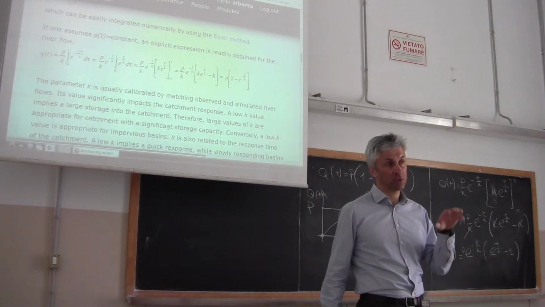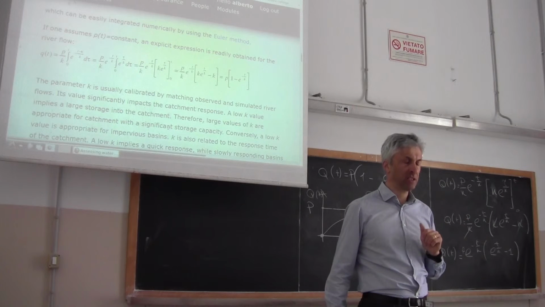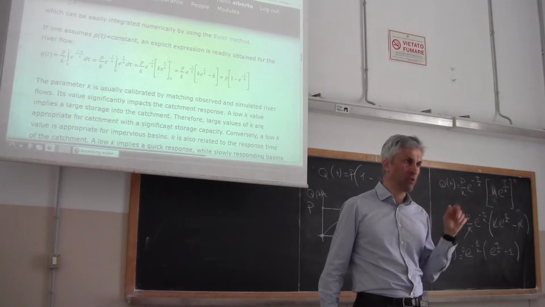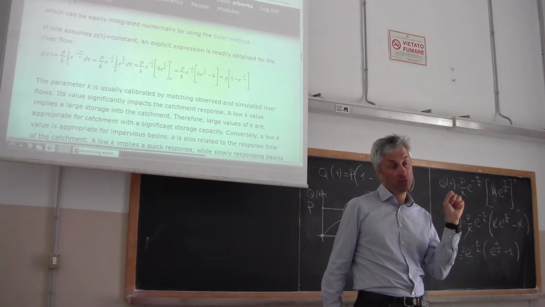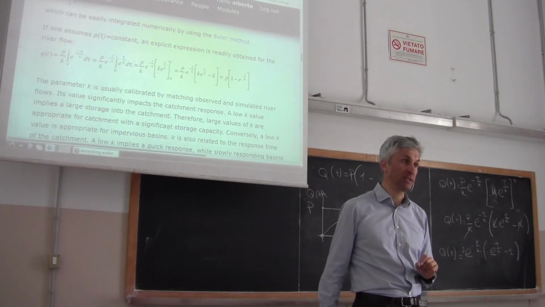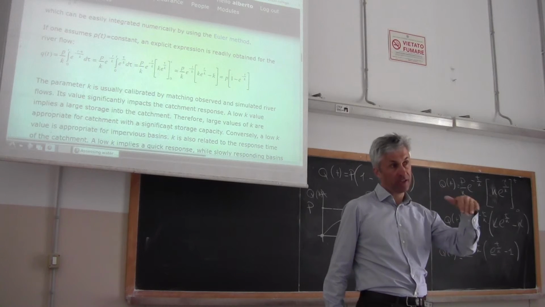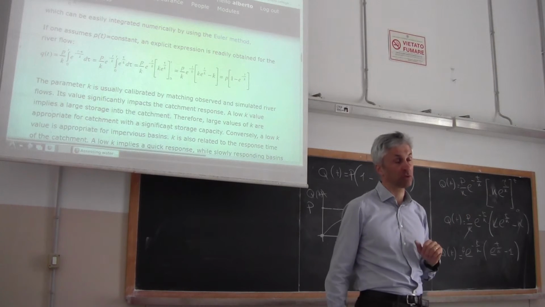It's interesting if you try to set up a very simple linear reservoir model and you run simulations. It's very interesting to see the effect that you obtain if you increase K. Maybe we have time to see this. What you obtain is a prolongation of the hydrograph. So a lot of water released during the drought season.